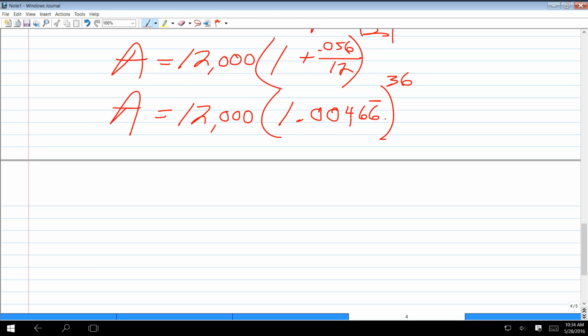I suspect that this number to the 36th power might be a few decimal places different than 1.004 to the 36th power. But this is the one thing I would do next, and then multiply it by 12,000. Now take that whole number and multiply it by 12,000 before you round off.